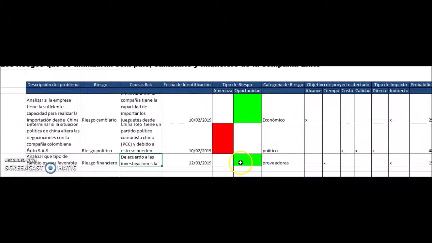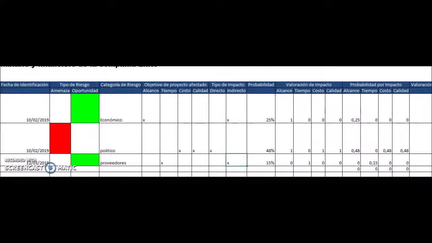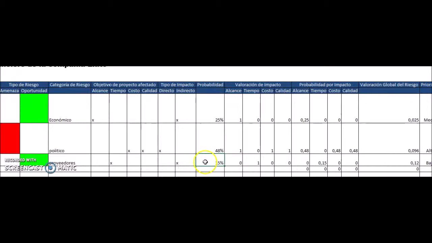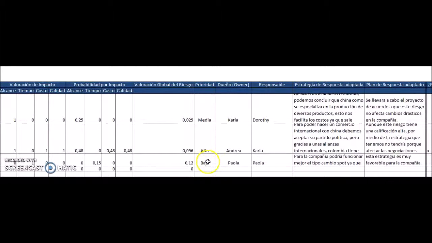So we see that this is an opportunity. It affects directly the suppliers, it affects the time, and it is an indirect impact. It affects approximately 15%. And we're going to give it a low priority.